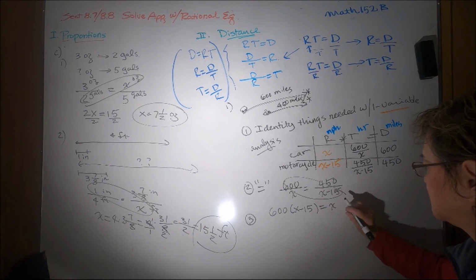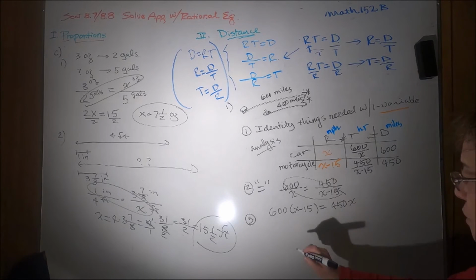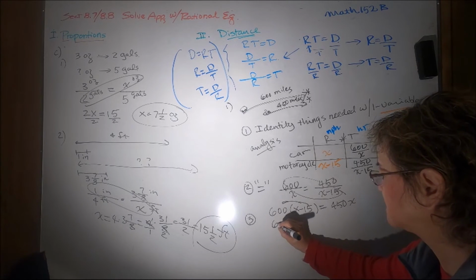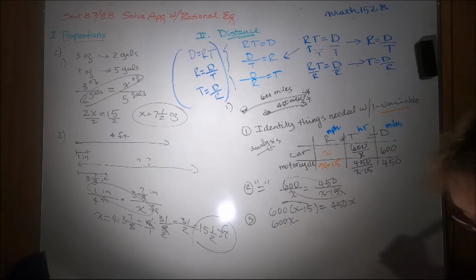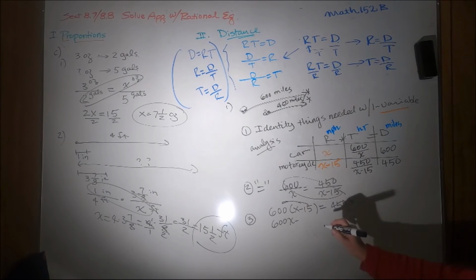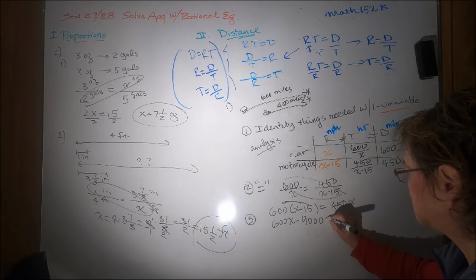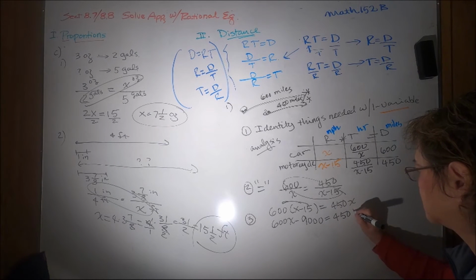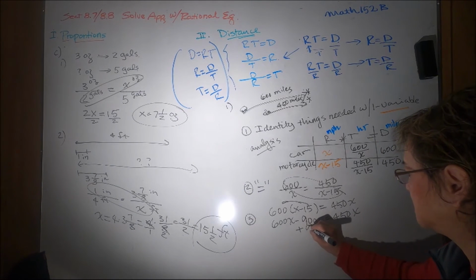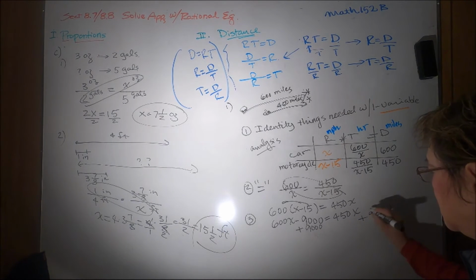So we can just use the shortcut to solve the equation, right? 600 times x minus 15 equals x times 450, that would be 450x. A linear equation. So you have 600x minus 9,000 equals 450x, right? Then you add the 9,000 on both sides.